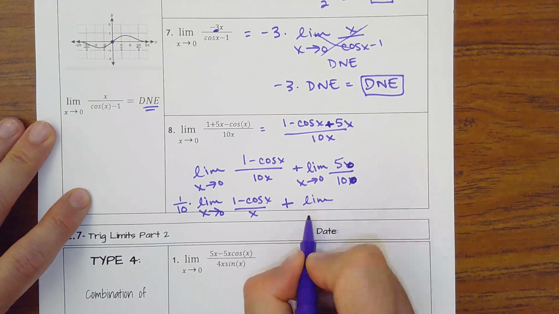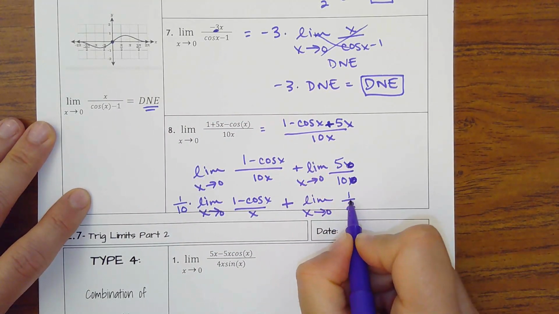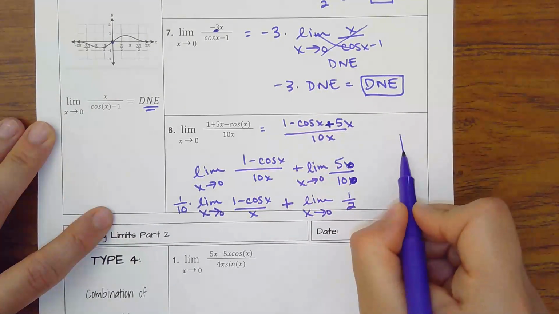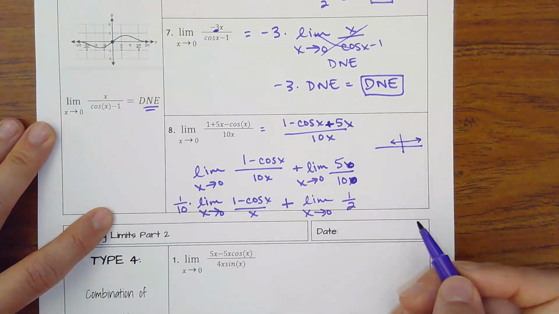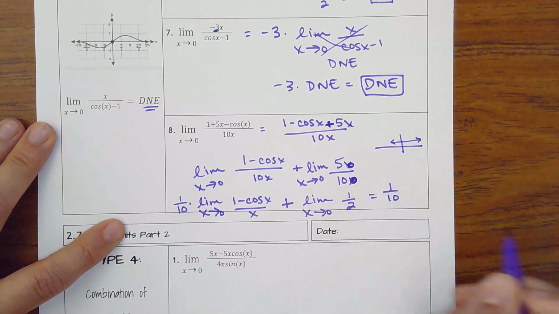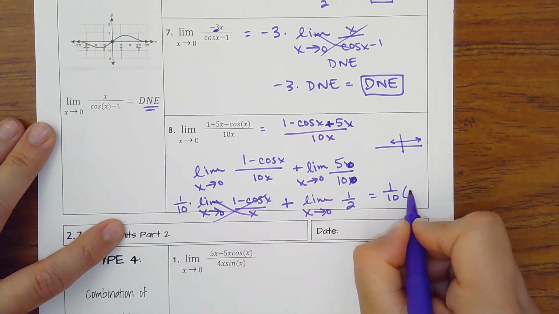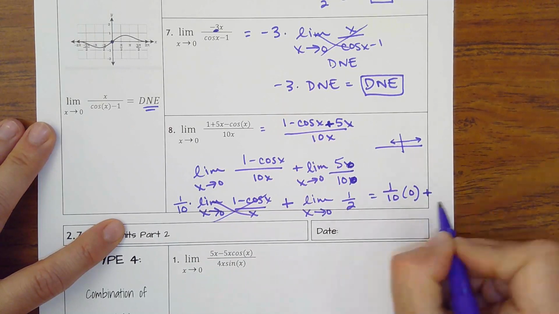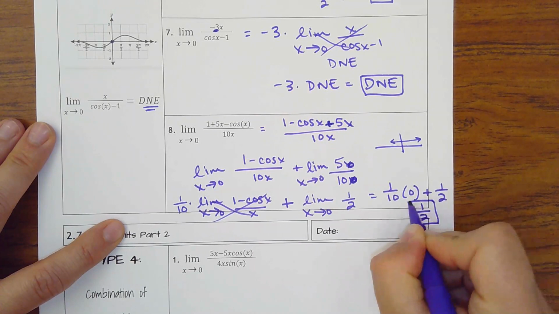You could take that out in front and not have any limit left. Or what this means is that your function is just a horizontal line like this. And so any limit here, it just equals 1/2. So let's see if we can figure it out all together. This is 1/10 times this limit is 0. So that makes 0 plus this is just a half. And so we get an overall answer of 1/2.